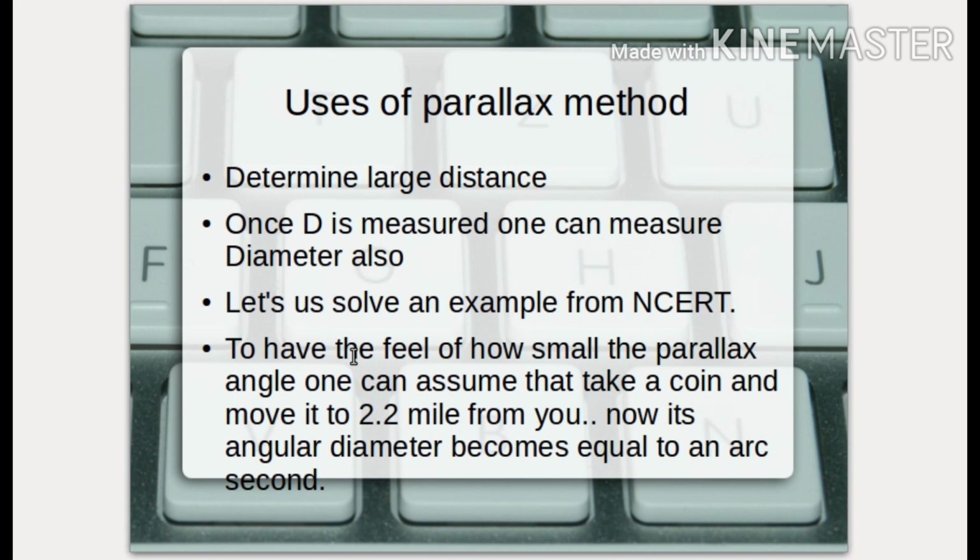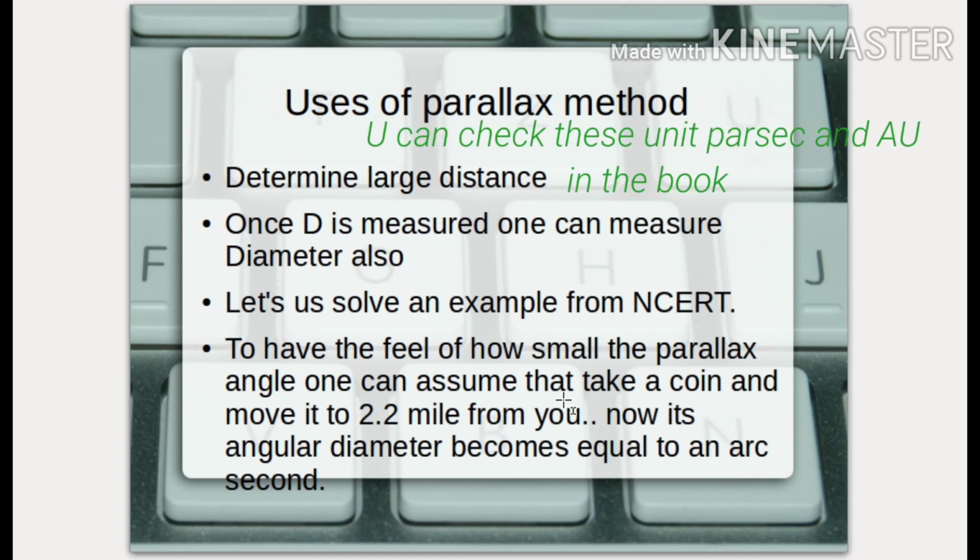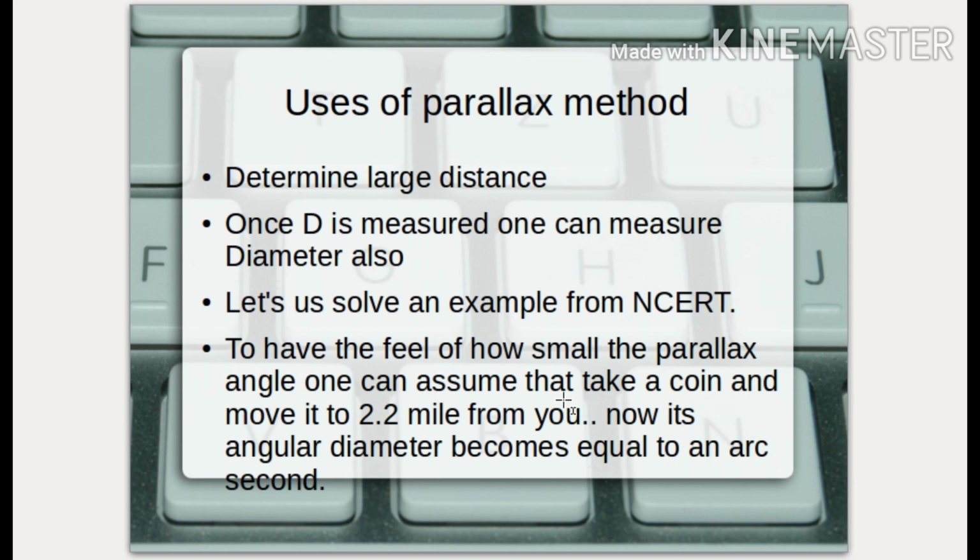To have a feel for how small the parallax angle is, one can assume that because the distance is very high, we measure that distance in parsec or astronomical unit. These are higher units of length. Take a coin, suppose you move it 2.2 miles from you, about 3.5 kilometers.